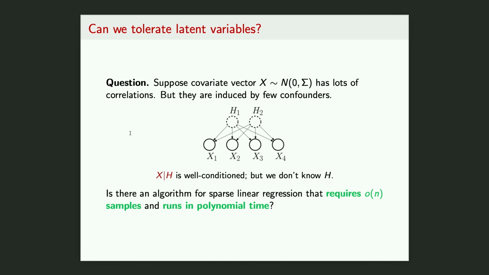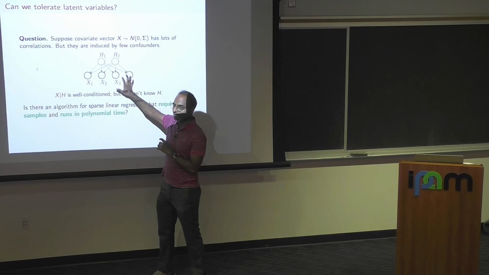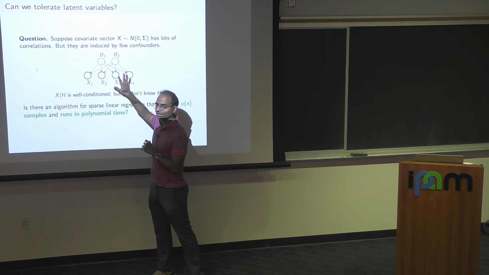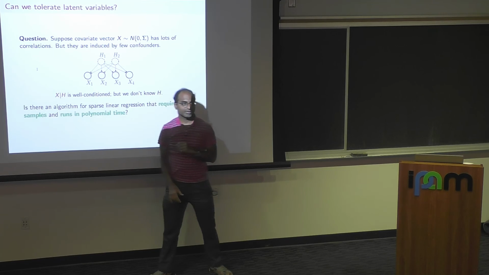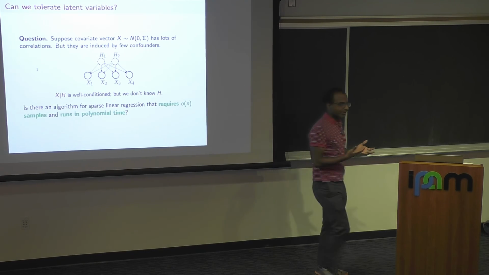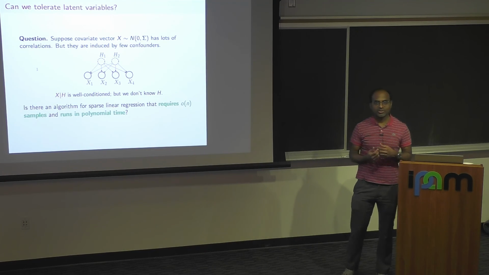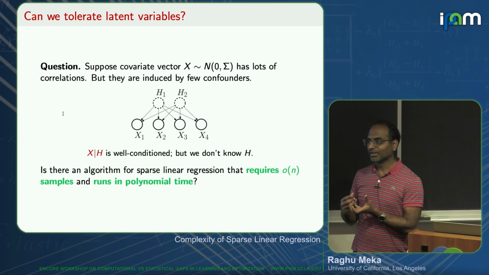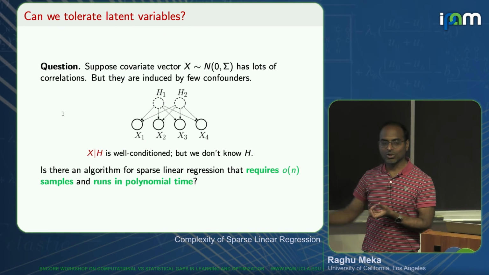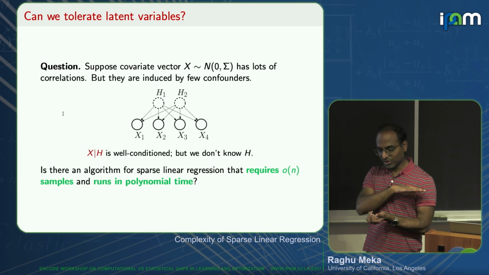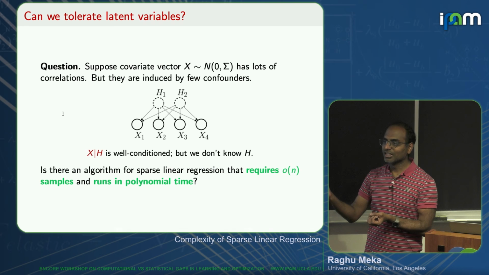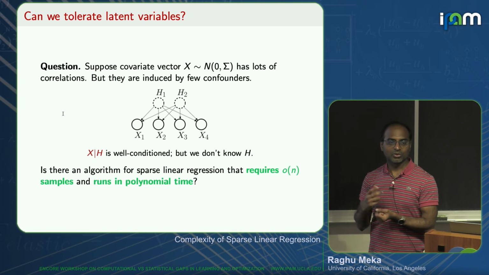So you can imagine that you're generating this whole thing first, right? Where conditioned on these, the variables are independent or very well conditioned, but these are hidden from you, right? This kind of shows up a lot in causal models where you assume that there are a small number of confounders, and when you look at what you observe, there are a lot of correlations, but once I condition on something, the correlations go away.